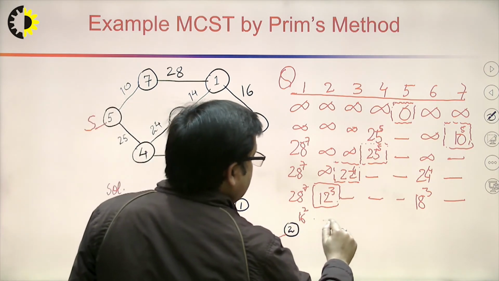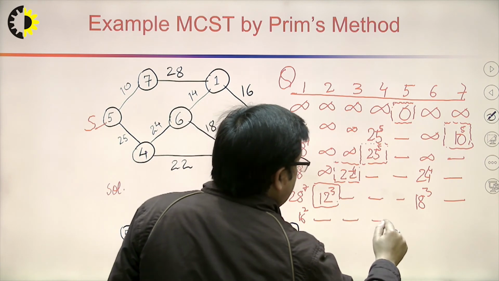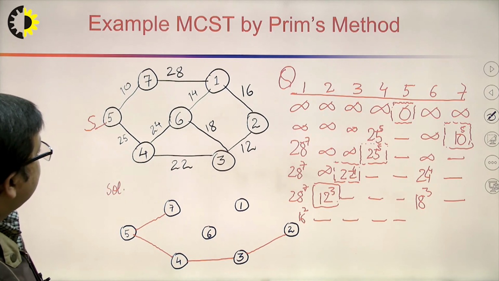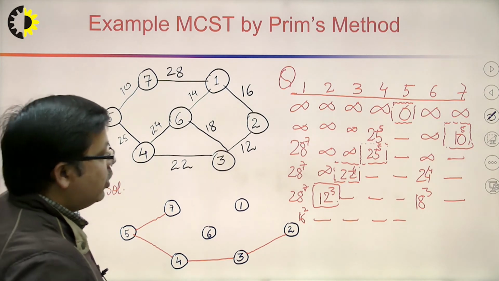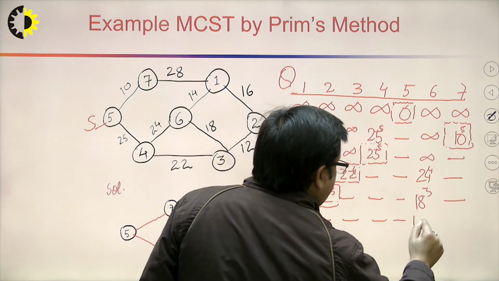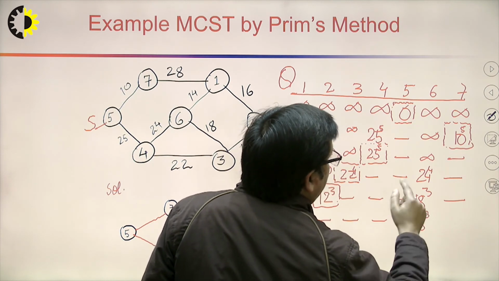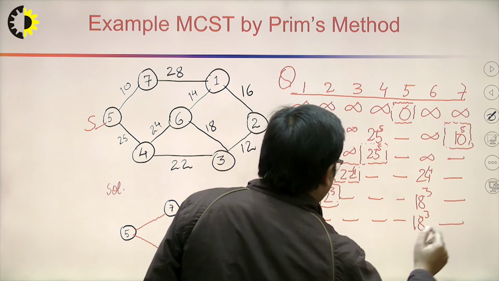This is out, this is not available, and due to 2, node 6 will have no effect. So, weight of the node 6 is 18, and the parent of 6 is 3.